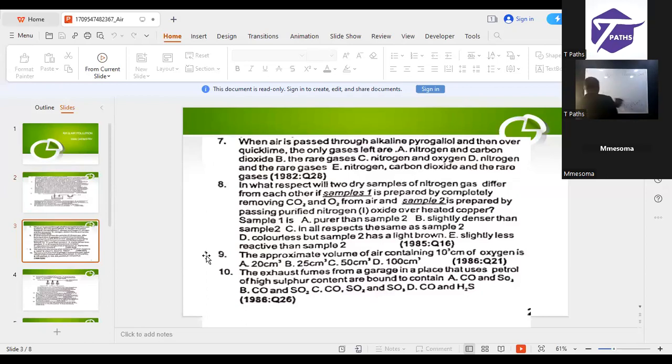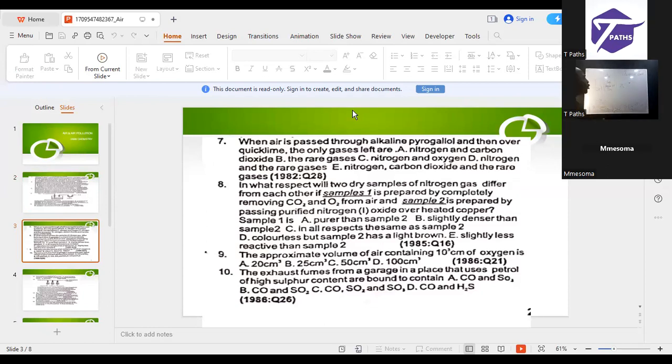My people, when you have fuel that contains a high amount of SO2, when burned in air, what happens?